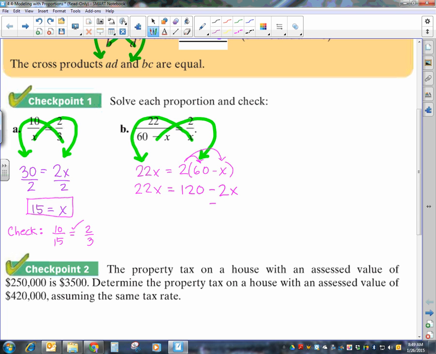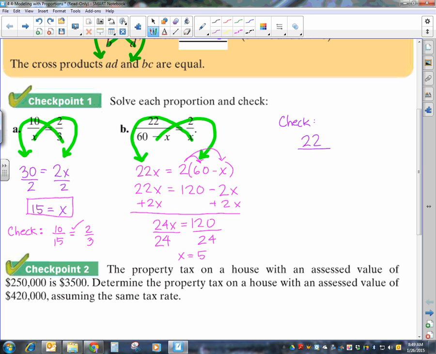And then I'm going to add 2x to both sides. That will give me 24x equals 120. And then I'm going to divide both sides by 24 and find out that x equals 5. And before I box it, I'm going to come over here and check it. Let's write down, this is my check.